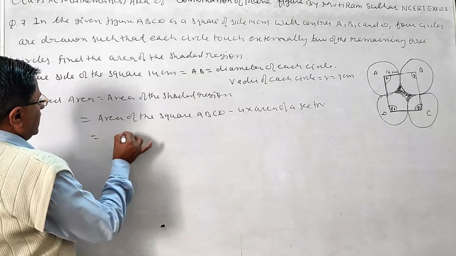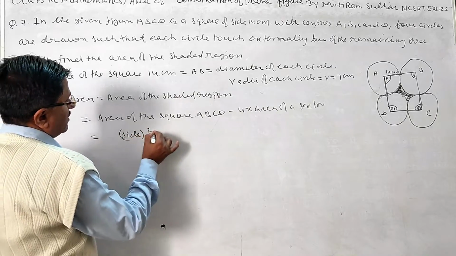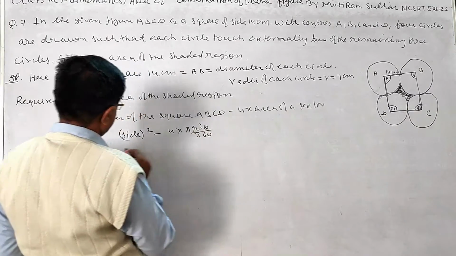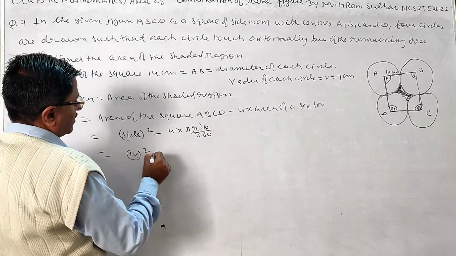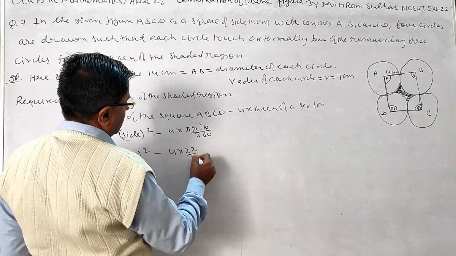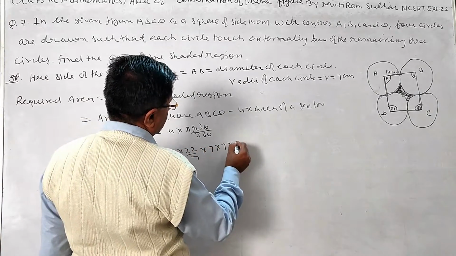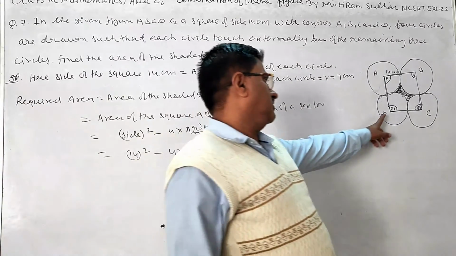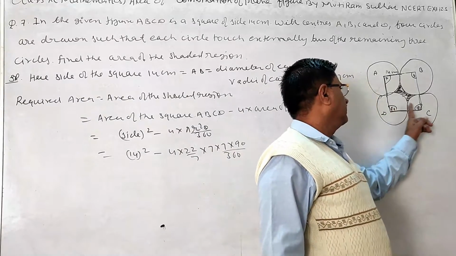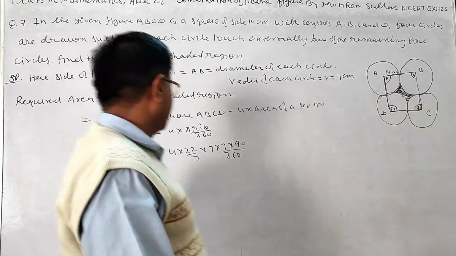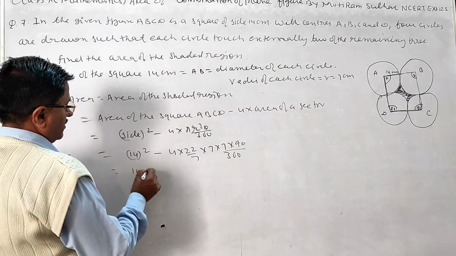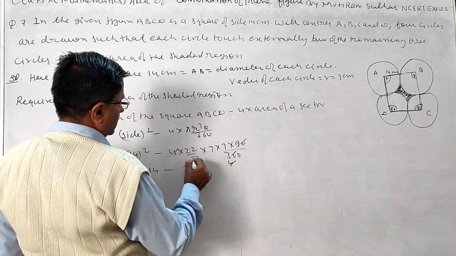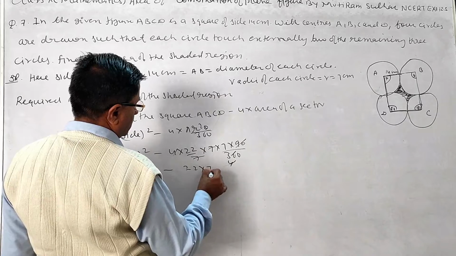So area of the square, the formula is side squared, minus 4 into area of the sector, pi r squared theta upon 360. So side is given here 14, pi is 22 by 7, radius is 7, and theta is 90 degrees. Clear? Here this is a square, and you know that in a square each angle is 90 degrees. So we get 14 into 14 minus 4 into 22 by 7 into 7 into 7 by 4.